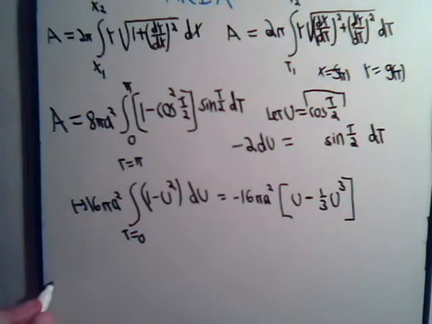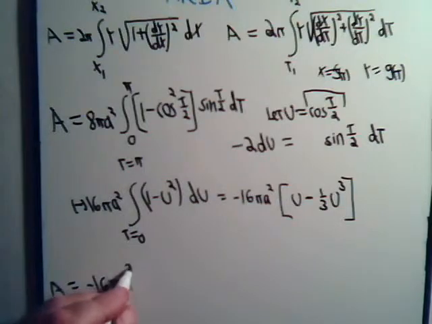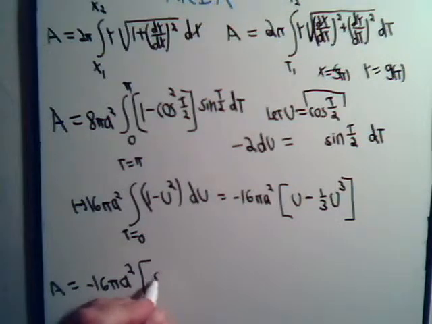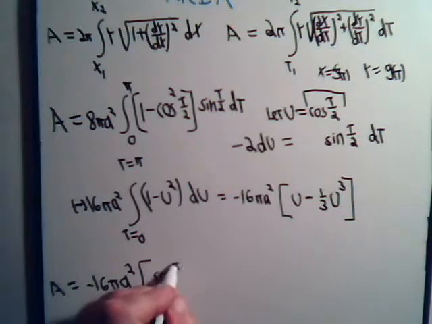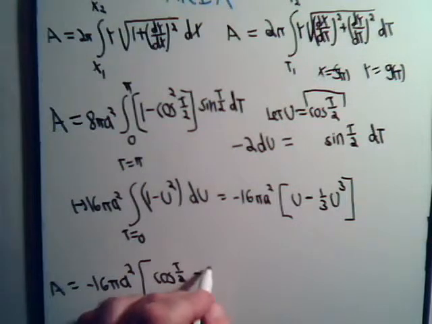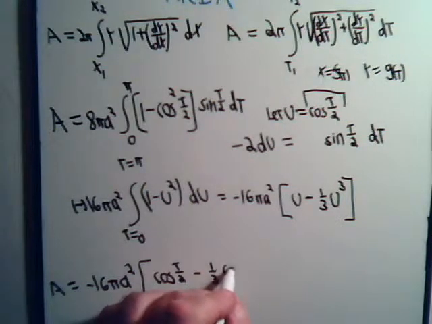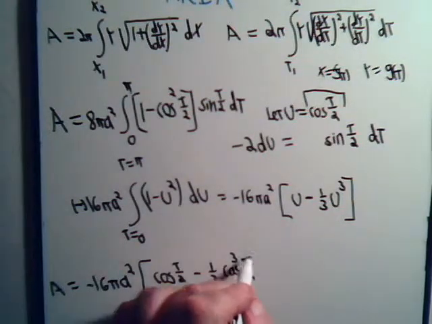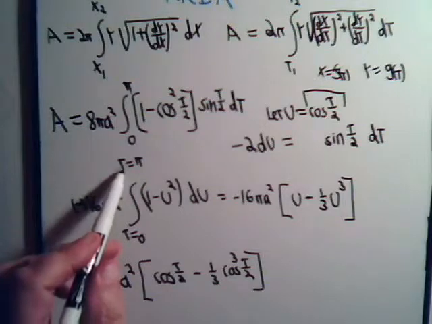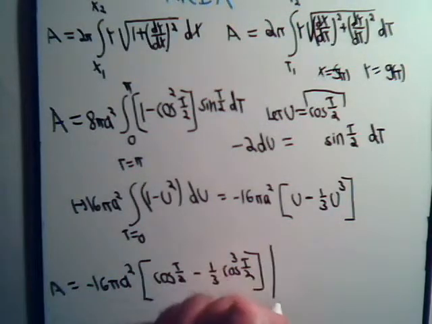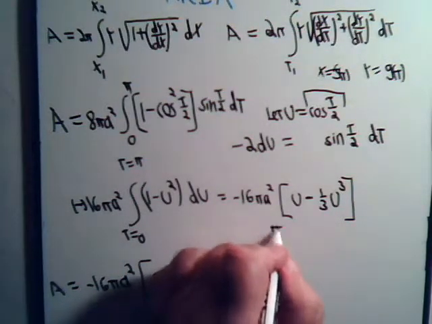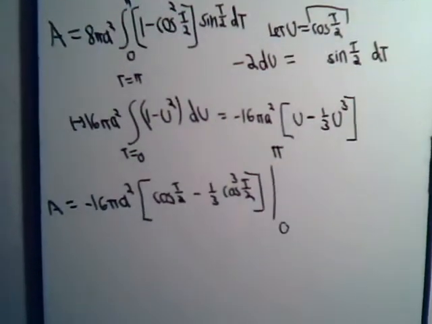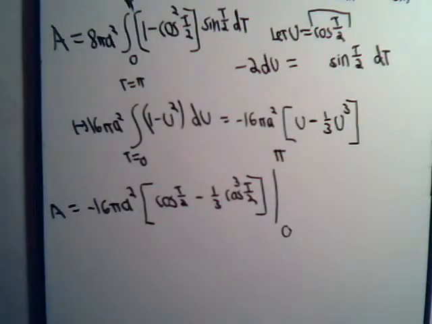So we're going to get the area equals minus 16 pi a squared times this, cosine of t over 2 minus 1/3 the cosine of t over 2 cubed. And t goes from 0 to pi. Okay, we should be all set.